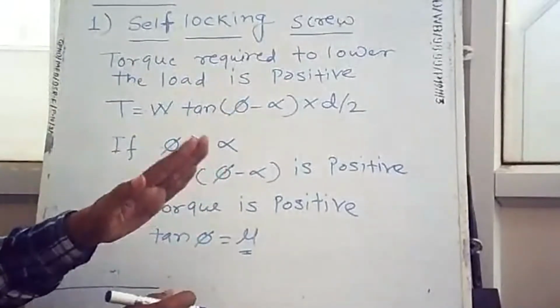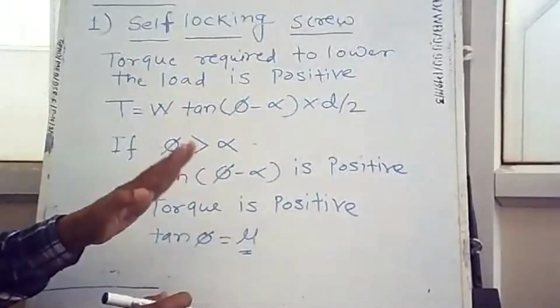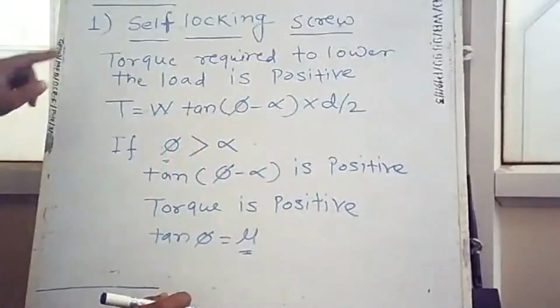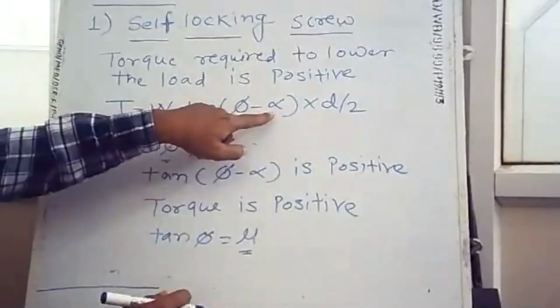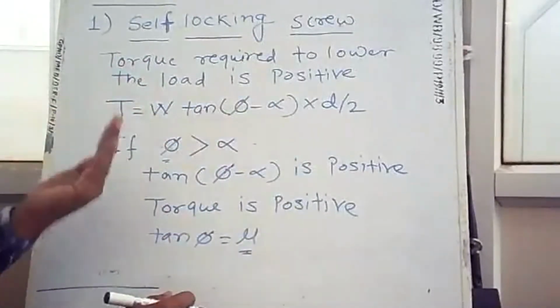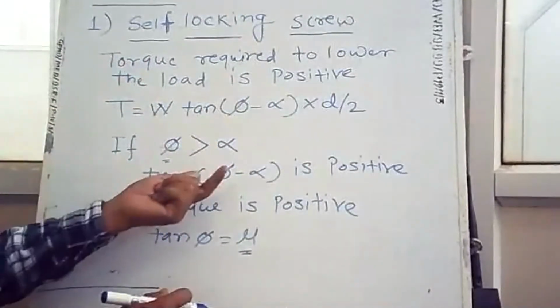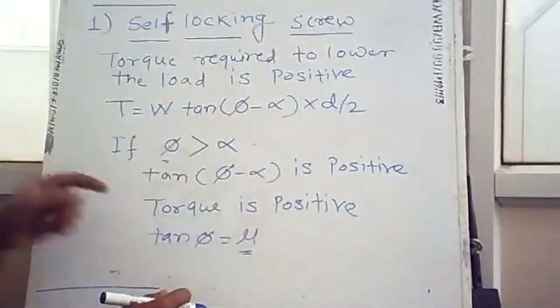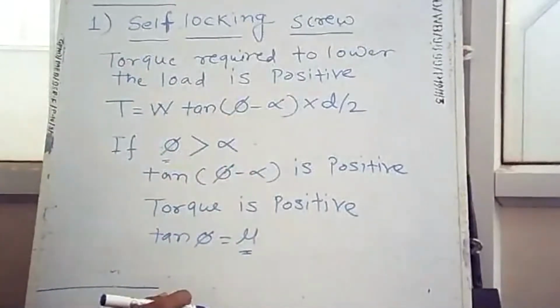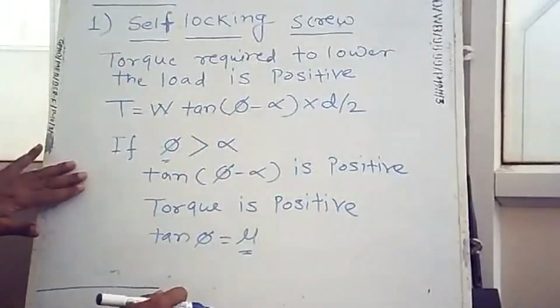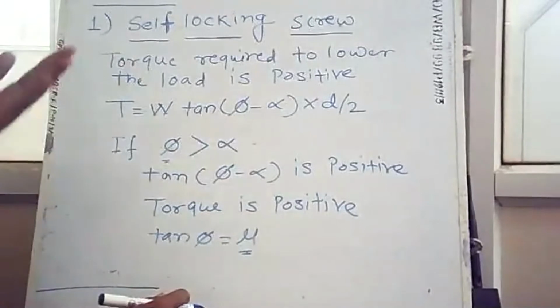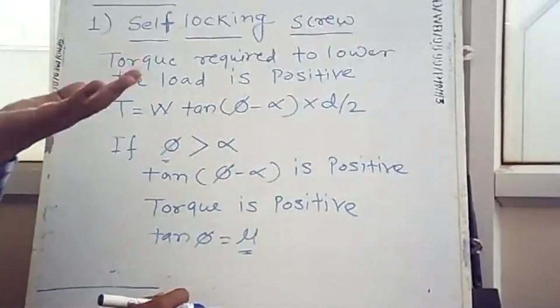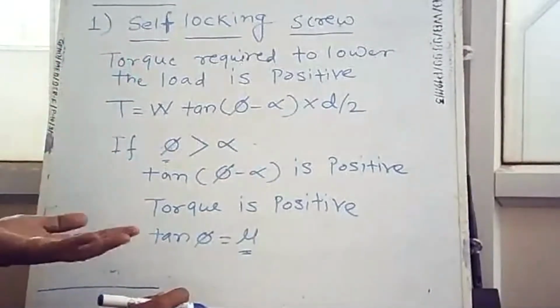Because phi is the friction angle, tan of phi is mu, the coefficient of friction. If I use more and more helix, there is a possibility that the angle alpha goes on increasing. If alpha increases so that phi is lesser than alpha, then the torque required is not positive, and the screw jack with load may come down slowly.